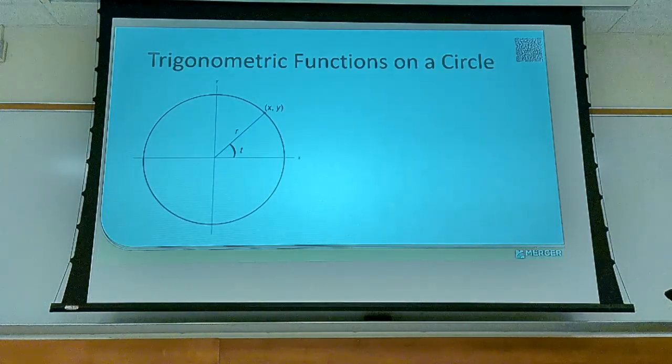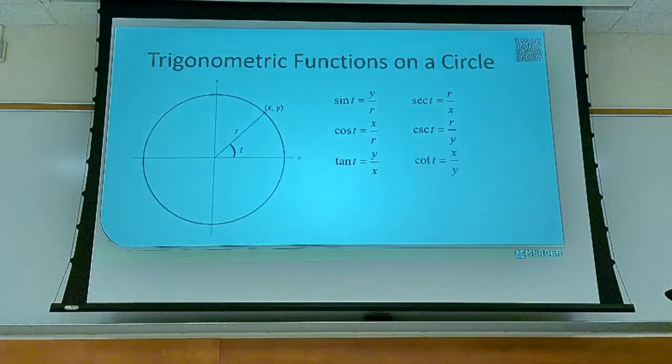Here are the 6 trigonometric functions. Sine of t is y over r. Cosine of t is x over r. Tangent of t is y over x. Secant is r over x. Cosecant, r over y.